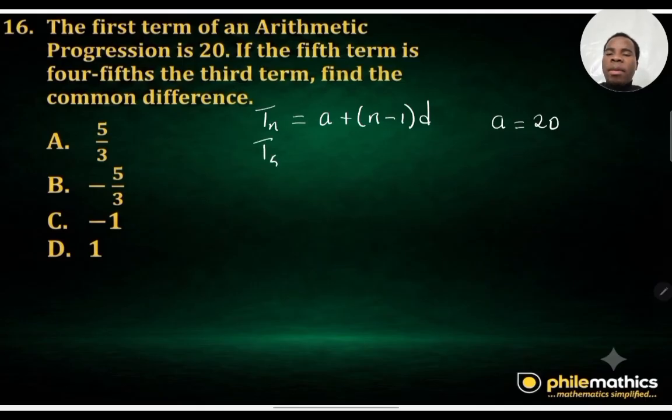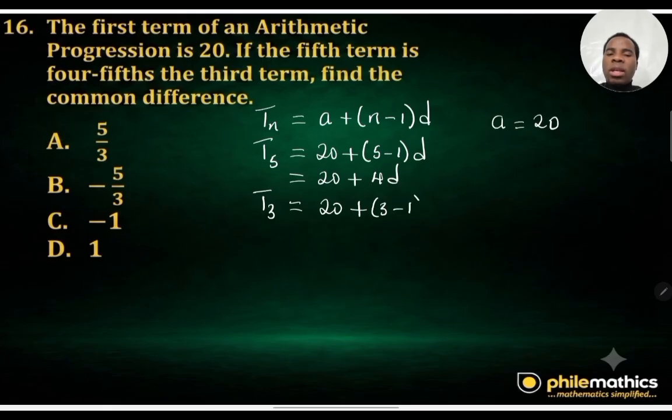The fifth term is 20 plus 5 minus 1 times d. And this is 20 plus 4d. The third term is 20 plus 3 minus 1 times d. And that leaves us with 20 plus 2d.